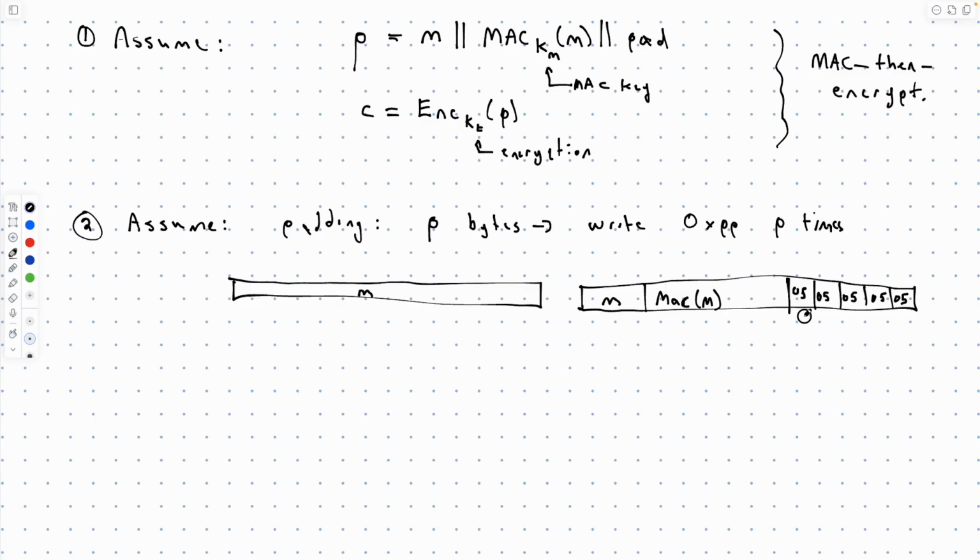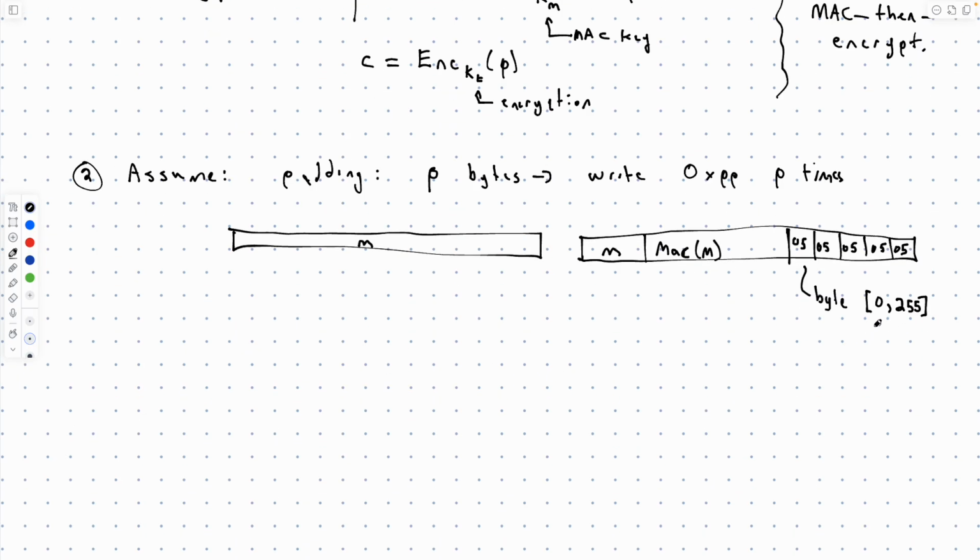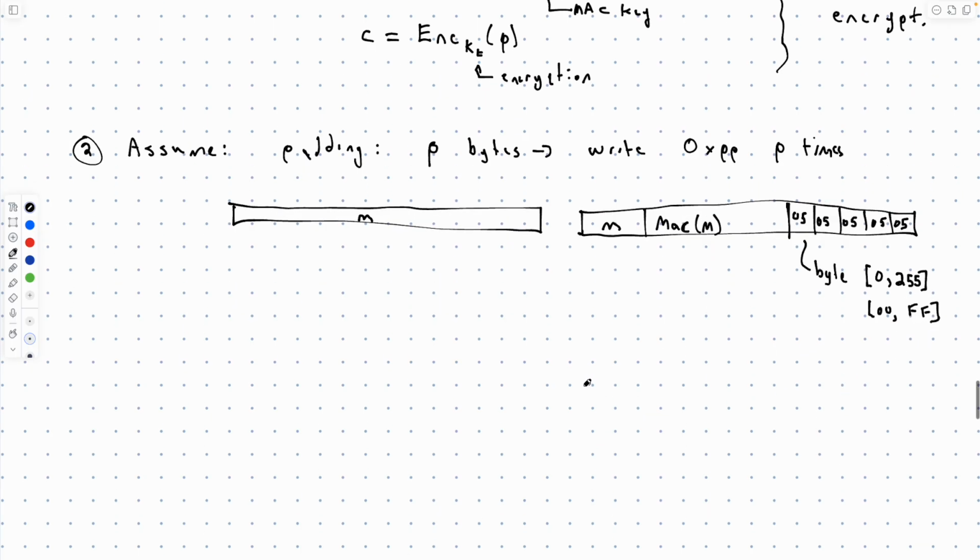So this is a byte. So what's the smallest value of a byte? What's the biggest value of a byte? Okay, 00 to FF if you want to do it in hex. So that's how we're padding.